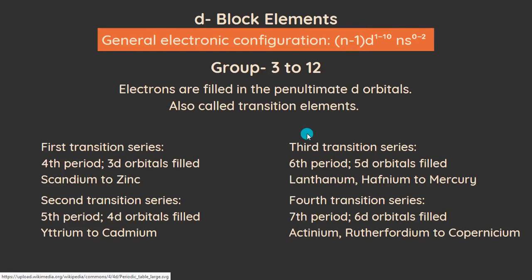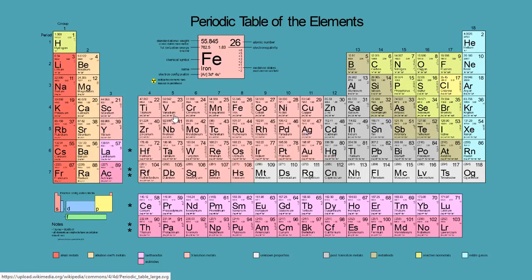Now the first transition series is present in the fourth period, and it goes from scandium to zinc. And here you have the 3d orbital filled up. Whereas the second transition series is present in the fifth period. It goes from yttrium to cadmium, and here you have the 4d orbital getting filled up. The next one is a little unique.